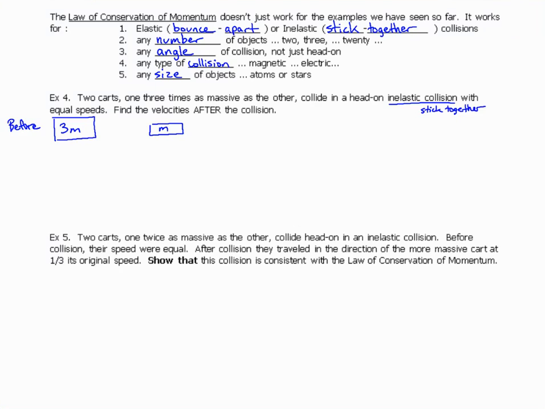So head-on tells me about the direction. They're going towards each other. And equal speeds, so we'll say that this mass 3m has a velocity v, mass of m has also a velocity v, but it's in the opposite direction, so the sign is the opposite, so it's negative v.